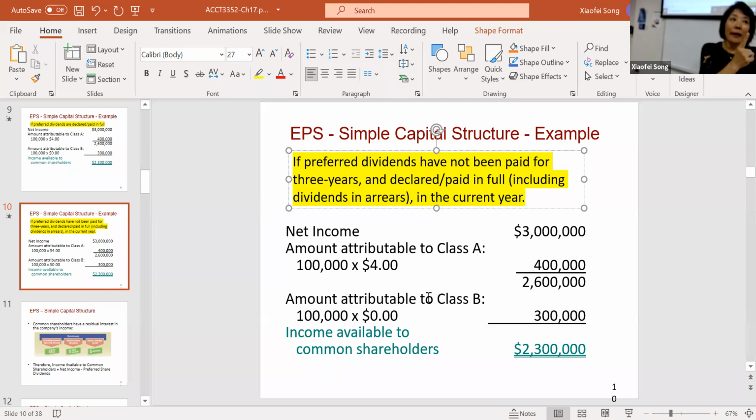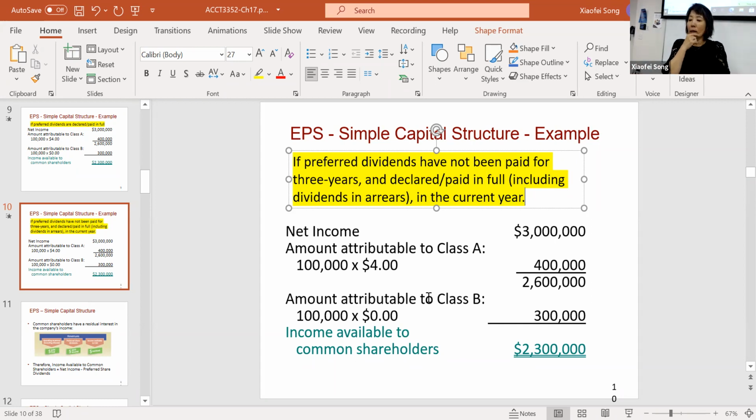Because Class A is cumulative, all previous 3 years of dividends will be dividends in arrears. So in the current year, there will be 3 years of dividends in arrears.